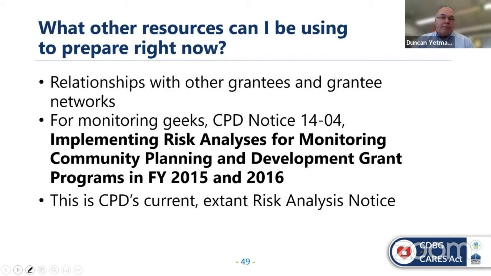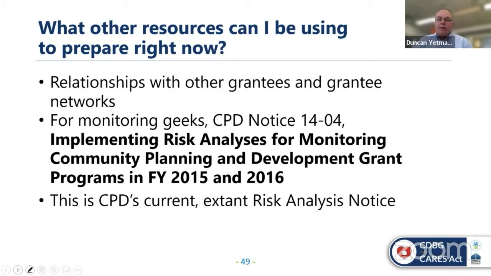I received a heads up from a nearby grantee that said, hey, HUD's coming to monitor and you better make sure that you have that map in your file. And by the way, the flight path for this airport went over this grantee's jurisdiction.